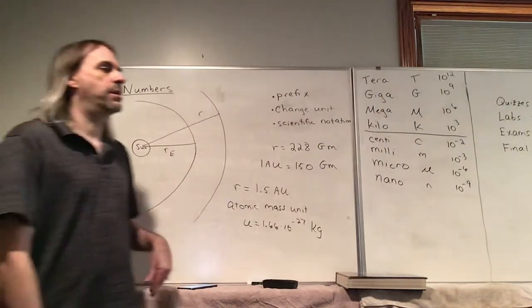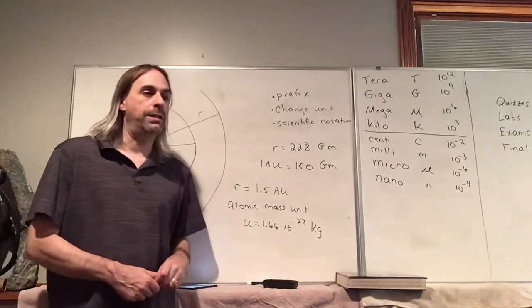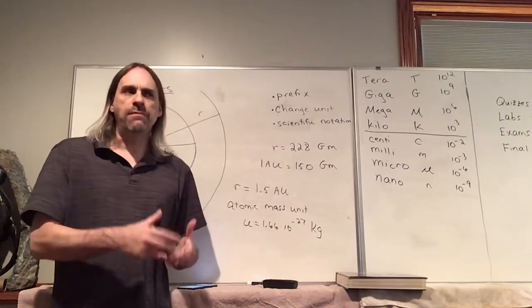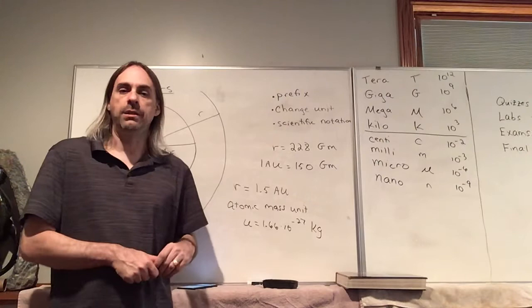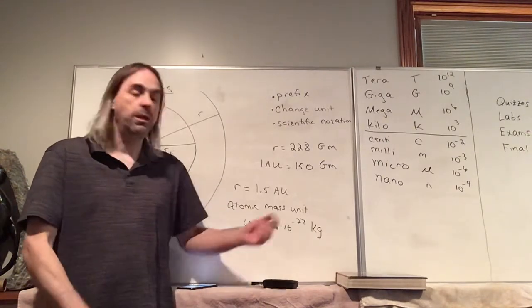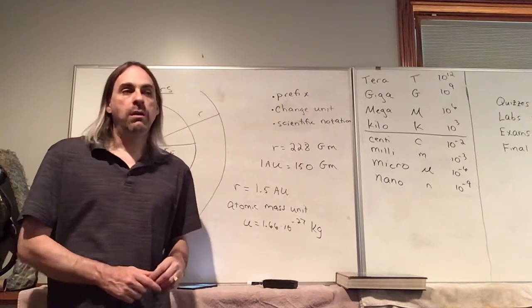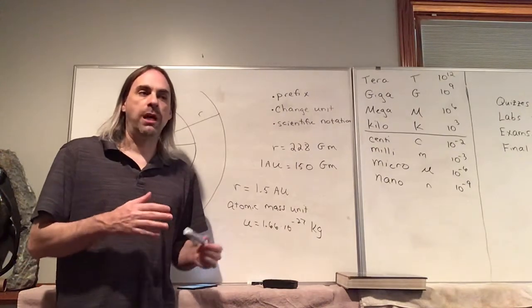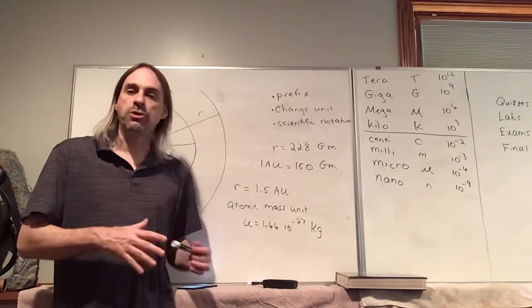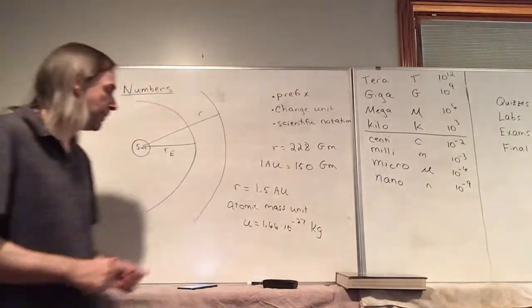So if I tell you there's a molecule that has a mass of 36 atomic mass units, you have a really good idea of what size it is. It would probably consist of about 36 nuclear particles, protons or neutrons. Ordinary matter is made out of protons, neutrons, and electrons. An electron's mass is so small we usually just ignore it.